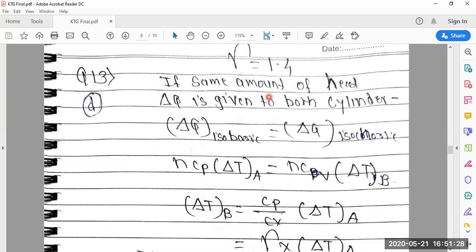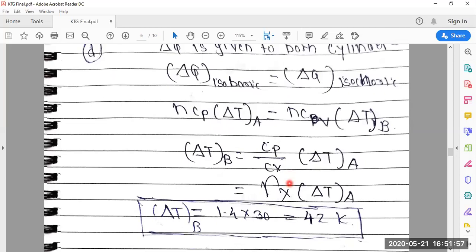If the rise in temperature in the first cylinder A is 30 Kelvin, what is the rise in temperature of cylinder B? The amount of heat supplied remains the same. One is isobaric and the other is isochoric, because in one case the piston is movable and in the second the piston is fixed. The number of moles is also the same, so it cancels. So Cp upon Cv is equal to delta T in the second cylinder upon delta T in the first cylinder.